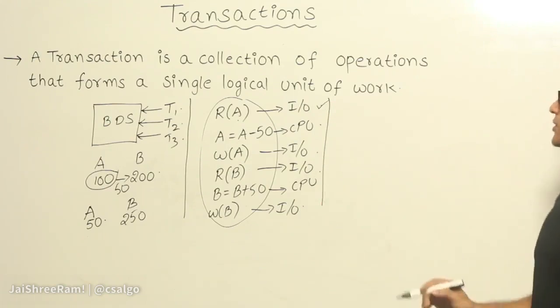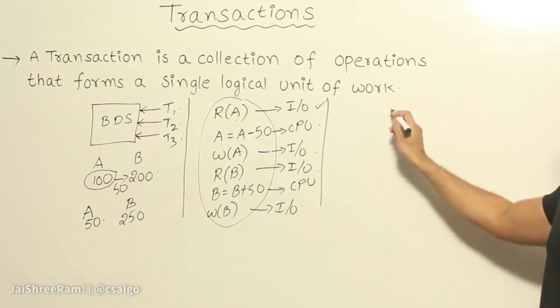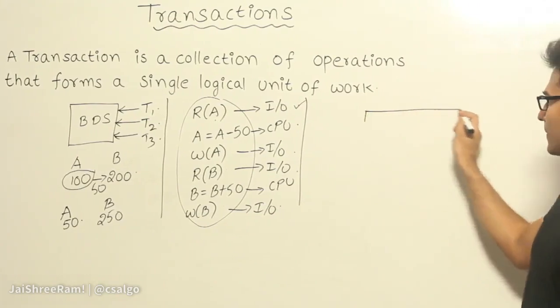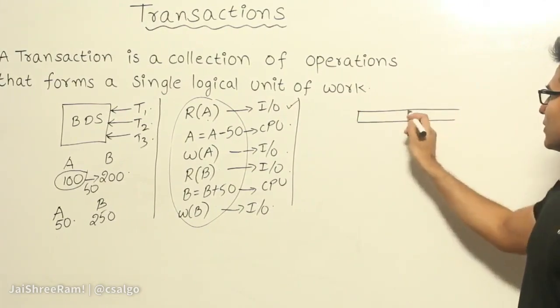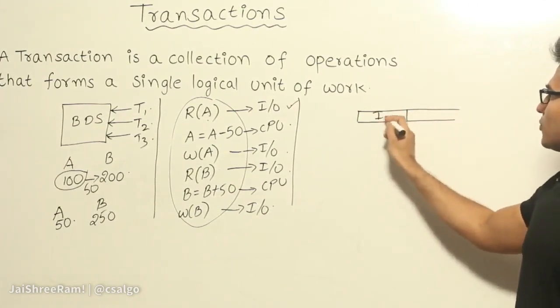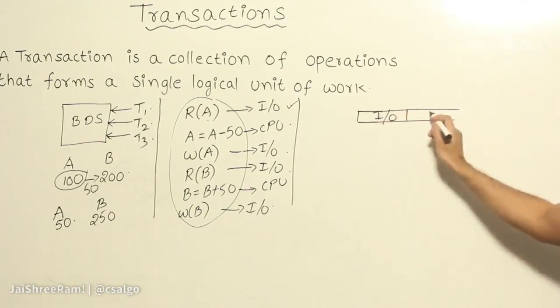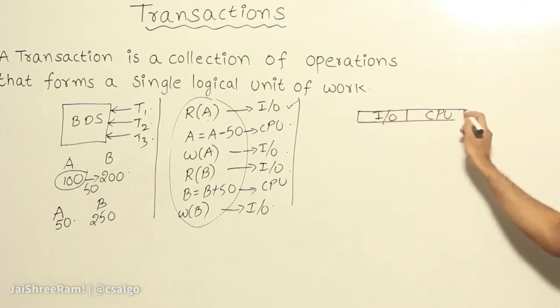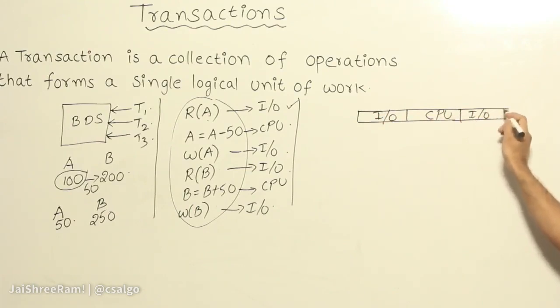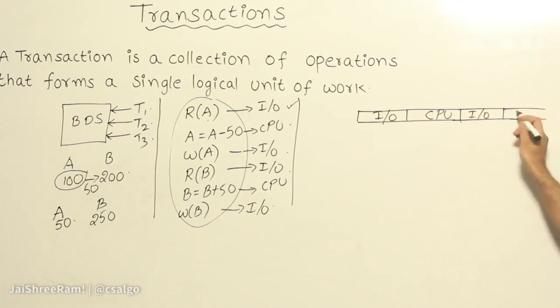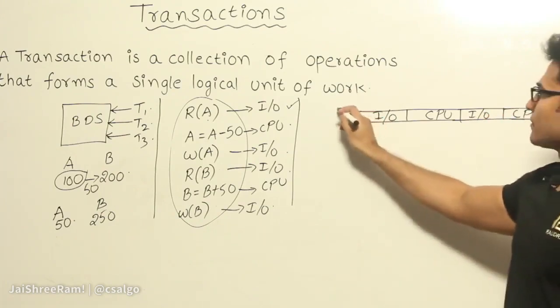So what I mean to say is, now if you observe it, transaction T1 looks like this. For some time it is going to do only IO, and then again it is going to do some CPU work, and again it is going to do only IO, and again it is going to do some CPU, right? So this is how transaction T1 is working.